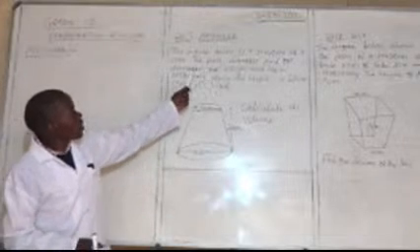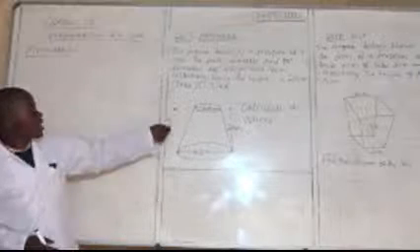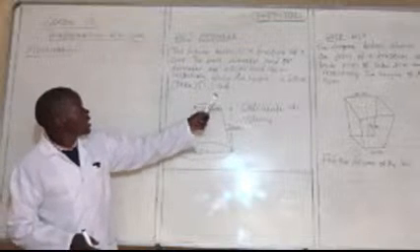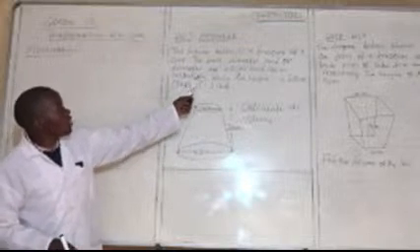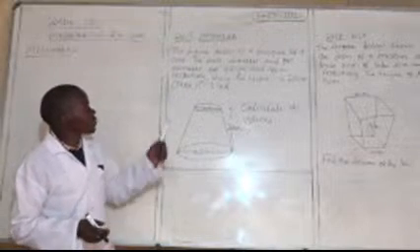The figure below is a frustum of a cone, meaning that it's a conic frustum here. The base diameter and top diameter are 42 centimeters and 14 centimeters respectively.